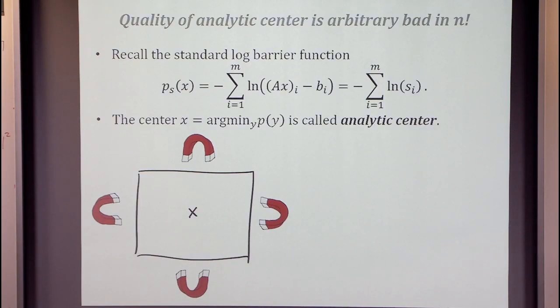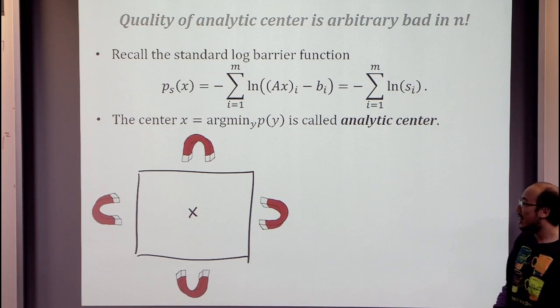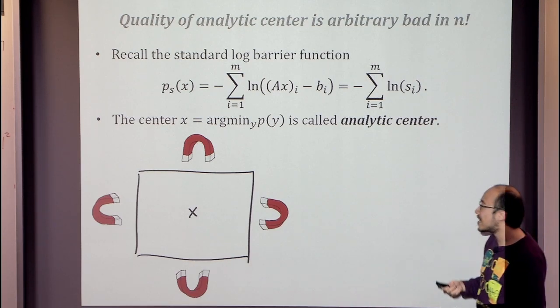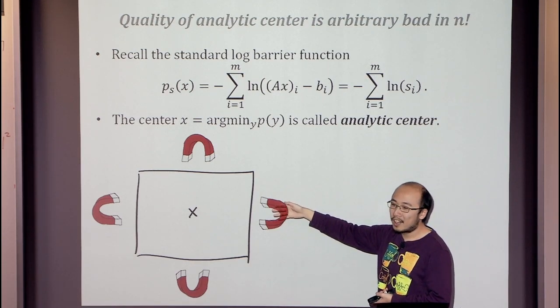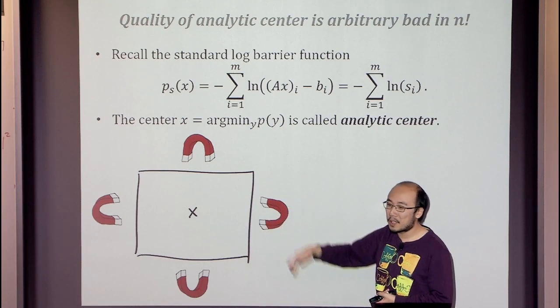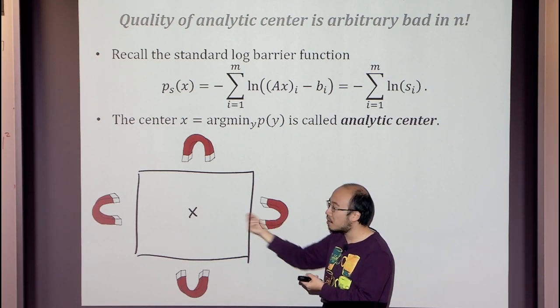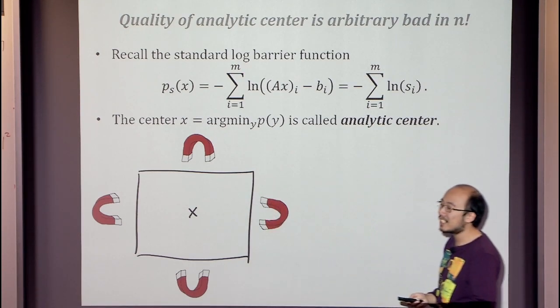Yeah, so let us see why the standard log barrier function is bad. Remember, the standard log barrier function is the sum of the log of the slacks. You can imagine the center is like you put a magnet on each constraint of the polytope, and then your point just repels away from each magnet.